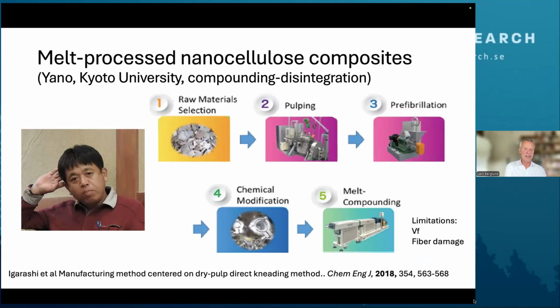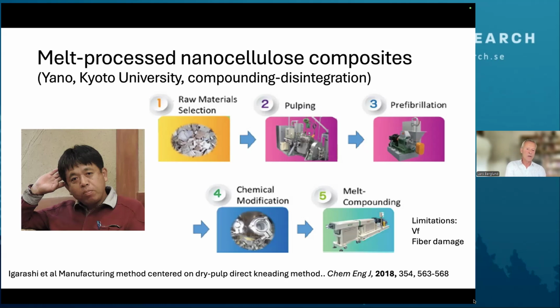So his idea is that he takes pulp fibers which have been pre-treated, and then he carries out melt compounding so that the pulp fibers disintegrate and form smaller fibers and provide more efficient reinforcement. The limitation is that he cannot use very high fiber volume fraction because then the viscosity goes through the roof.